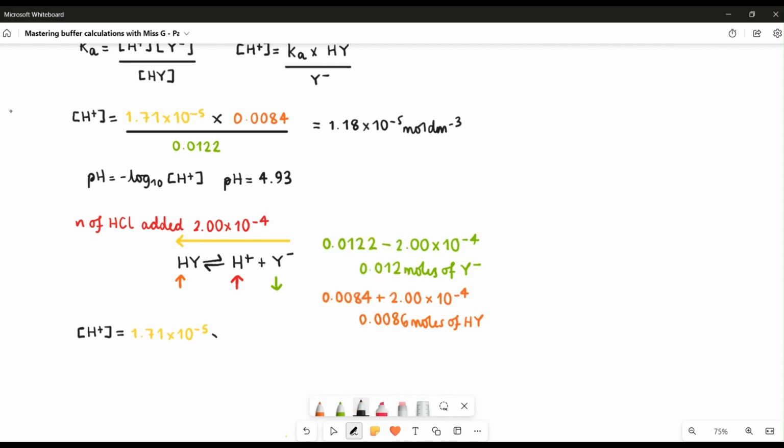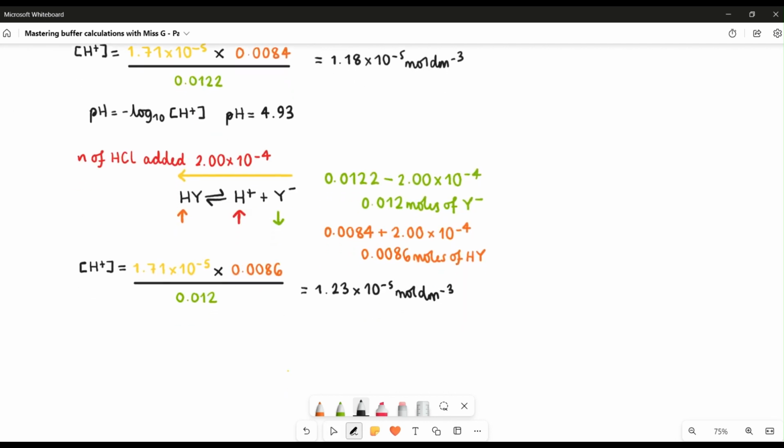Then we're going to multiply that by the new moles of the weak acid, 0.0086, and divide that by the new moles of the salt, which is 0.012. That gives me a value of 1.23 times 10 to the minus 5 moles per decimeter cubed.